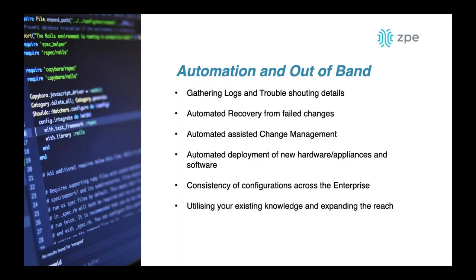If you use automation together with out-of-band, you can utilize it as well, for example, to gather logs and troubleshooting details. So if you have a downtime, if you have an outage, and your assistant administrator logs in, you can have already all the details gathered for you in one concise report, where the administrator can then work through it, review the details, and then actually better assess what the causes of an outage are, or at least have a starting point where he has to look.